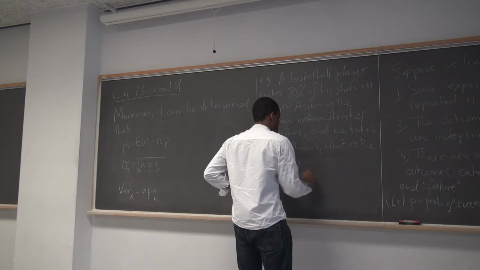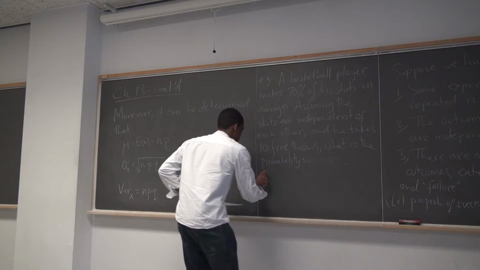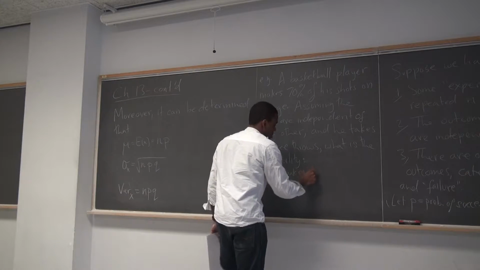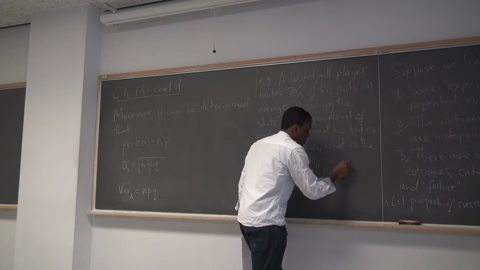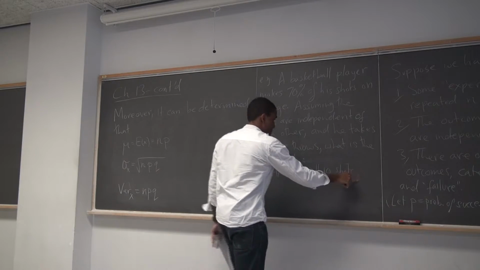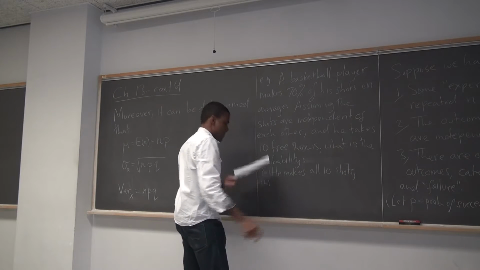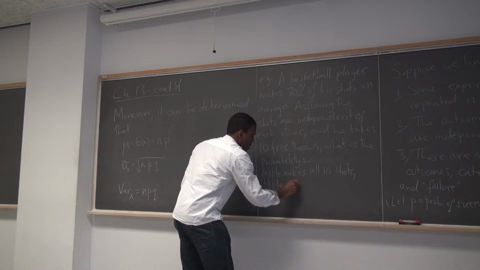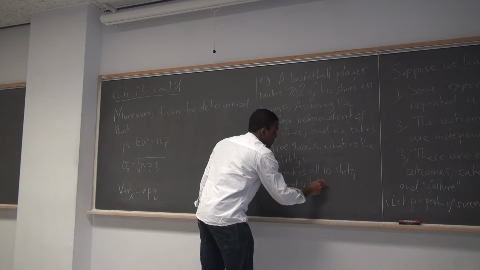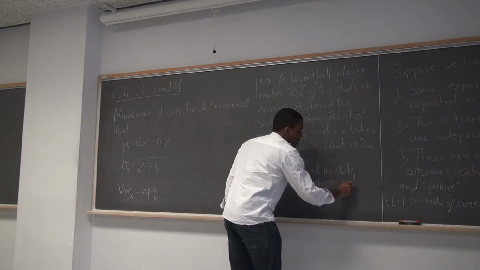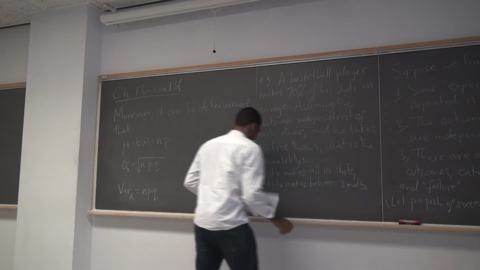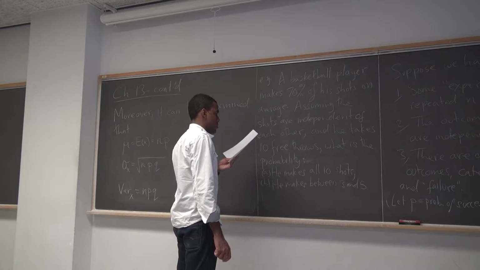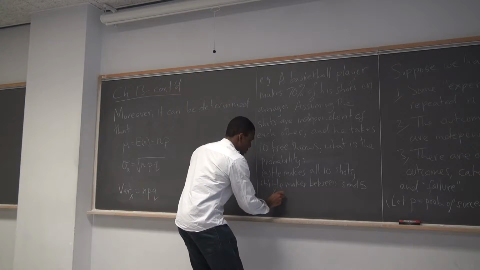Probability. A. He makes all 10. B. He makes between 3 and 5, inclusive.